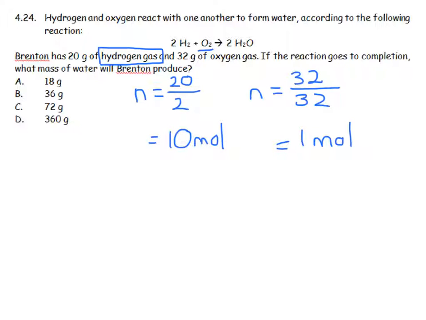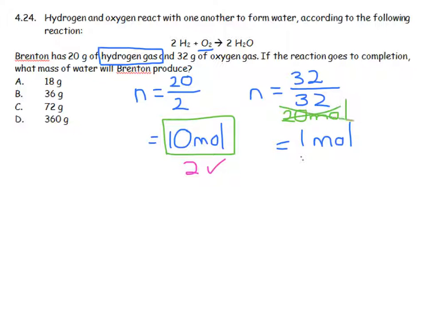Now I need to consider limiting reagents. I have got 1 mole of oxygen, which means I would need 2 moles of hydrogen. Have I got 2 moles of hydrogen? I have. So I'll have 8 moles left over. That's okay. If I tried to go with 10 moles of hydrogen, I would need 20 moles of oxygen.